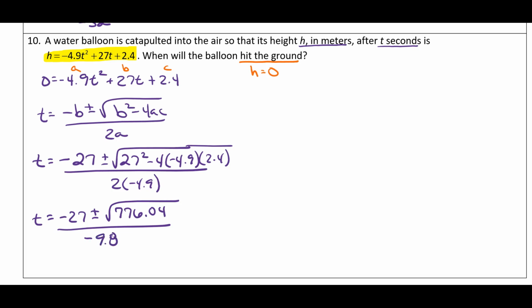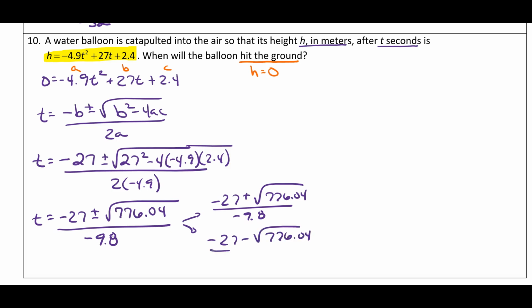Now, here's the great thing. At this point, we can just break this apart and put negative 27 plus the square root of 776.04 over negative 9.8. And then we can put negative 27 minus the square root of 776.04 over negative 9.8. We can put that whole fraction in the calculator.